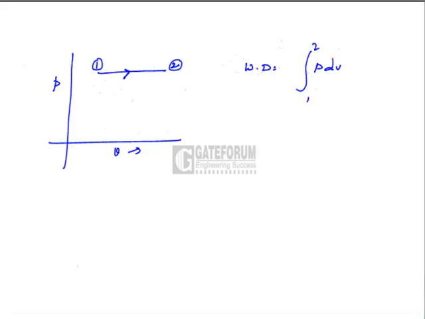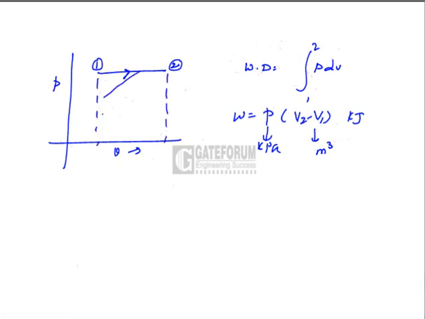Integral PdV is applicable for the quasi-static work or reversible work done by the closed system. P being constant, work is given as P into V2 minus V1 kilojoules, where P is in kilopascals and change in volume is in meter cube. This work incidentally is equal to the area under the 1 to 2 line on the x-axis because the process is reversible or quasi-static.